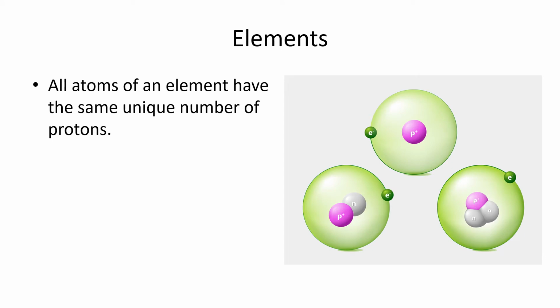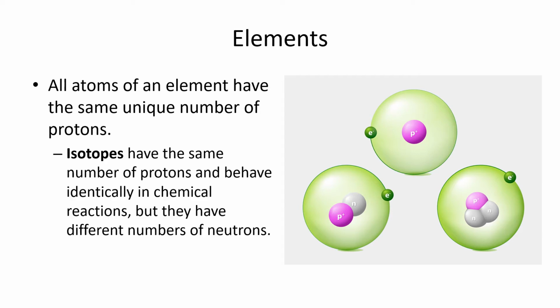Now, all atoms of an element are going to have the same number of protons, regardless of where you find it or what type it is. But there are going to be times where you actually will have a different number of neutrons, okay? And so this situation is what we call an isotope. So isotopes will have the same number of protons.